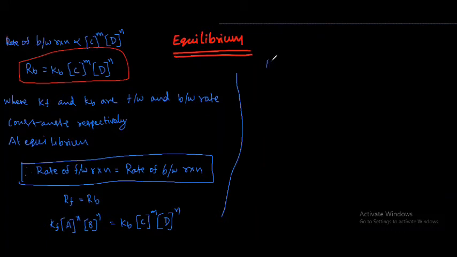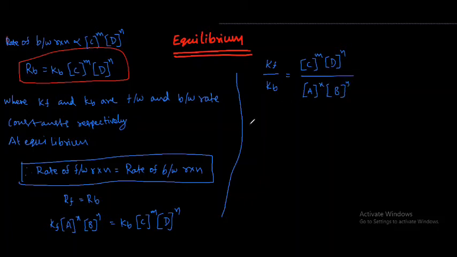Here, Kf by Kb is equal to the concentration of C power of m, the concentration of D power of n, by the concentration of A power of x, the concentration of B power of y.